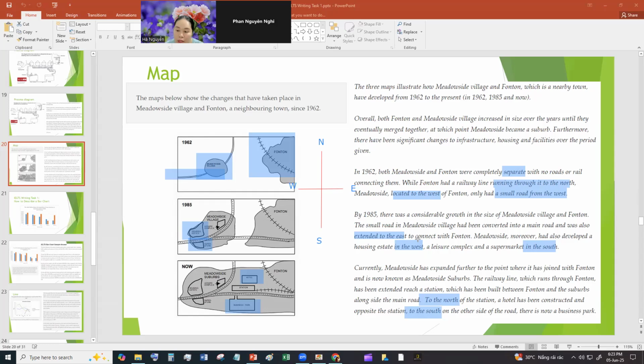Number two, the second feature of map description is you need to use verbs to describe changes. Okay. Let me see. Add. Running through it. Located. Add.